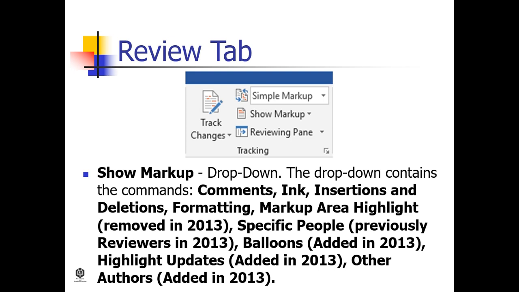Show markup dropdown contains the commands comments, ink, insertions and deletions, formatting, markup area highlight that was removed in 2013, specific people previously reviewers in 2013, balloons that was added in 2013, highlight updates that was added in 2013, and other authors that was added in 2013.